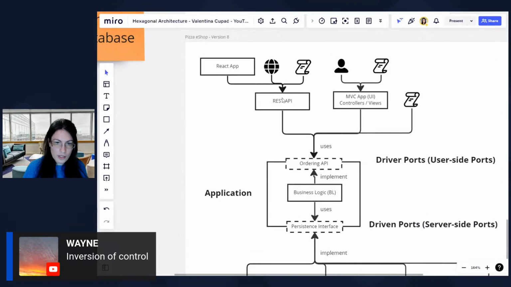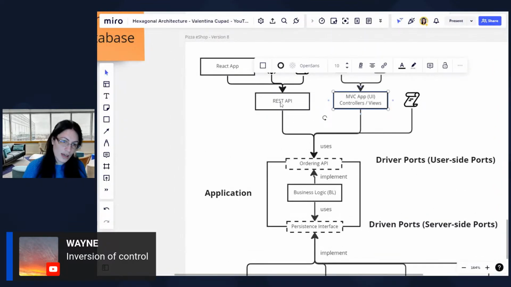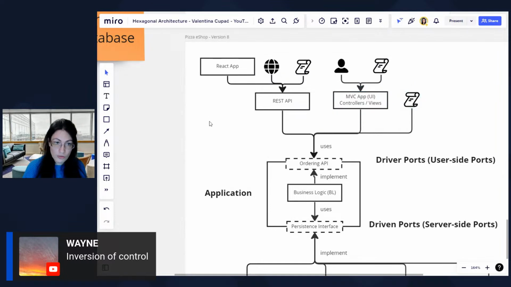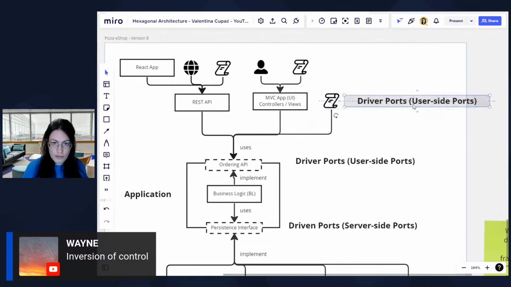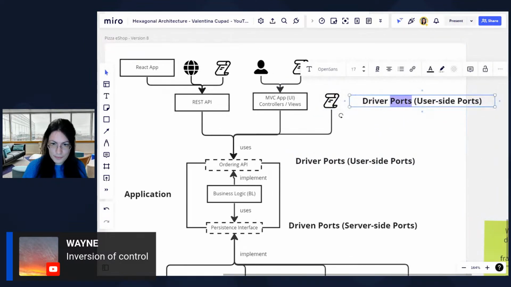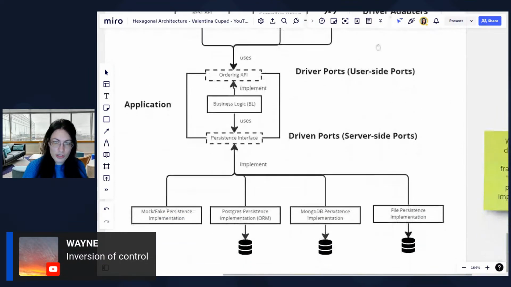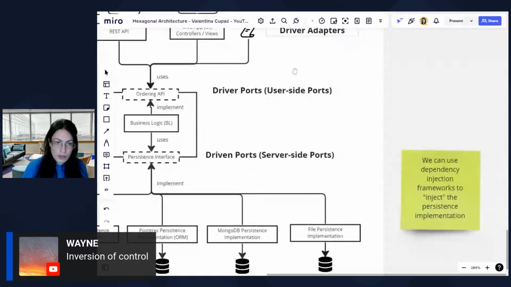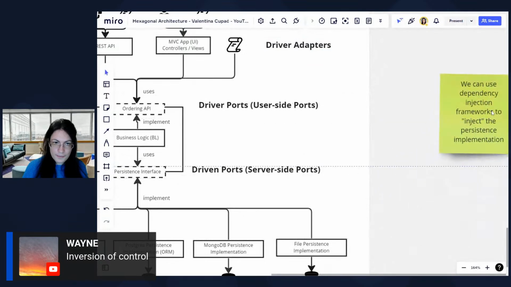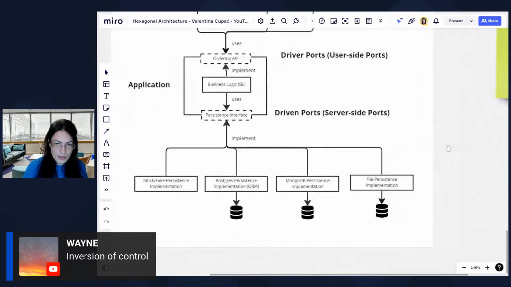And these things above, like the REST API, MVC, tests, everything at this level, we call the driver adapters. They adapt to some technology. And also below we have the driven adapters.